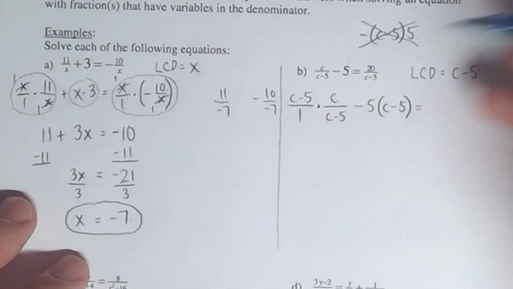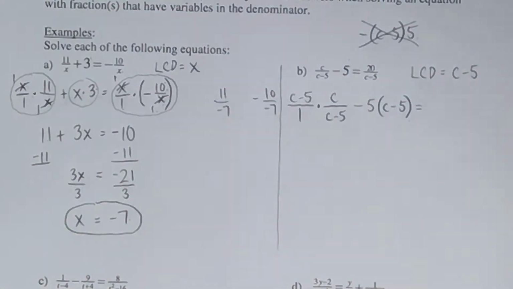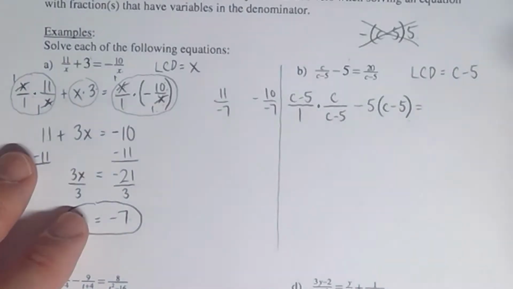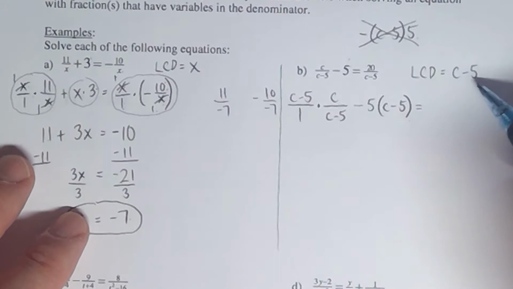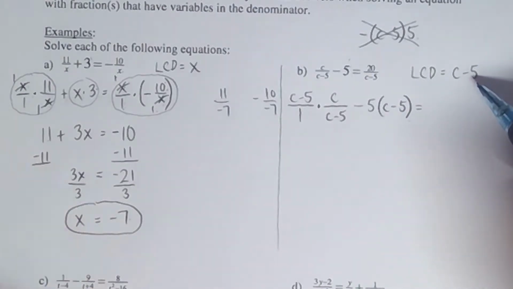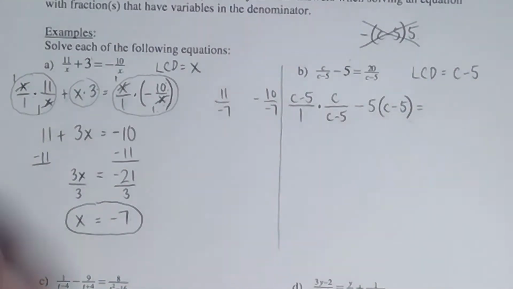So don't write it like that. When you have a single term being multiplied by an LCD that has more than one term in it, write it in this order and make sure to bracket the LCD, because it has more than one term in it, so that you can multiply by the whole thing.